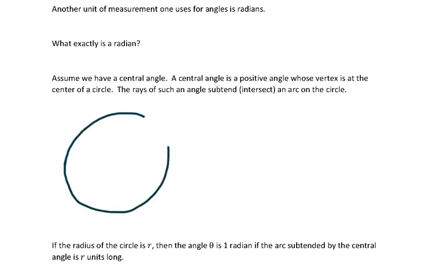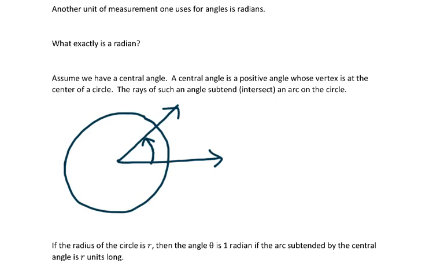Basically, an angle is a central angle if its vertex is the center of a circle and the angle is positive, meaning it's formed by rotating counterclockwise. So this would be a central angle.